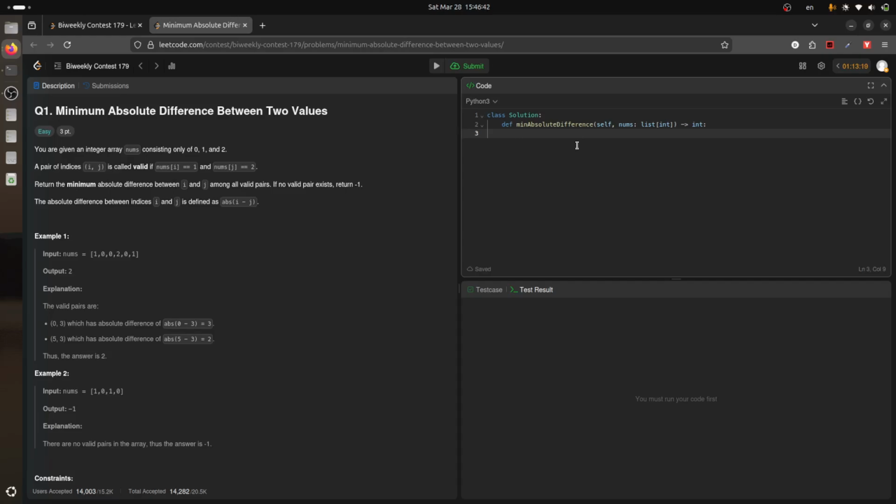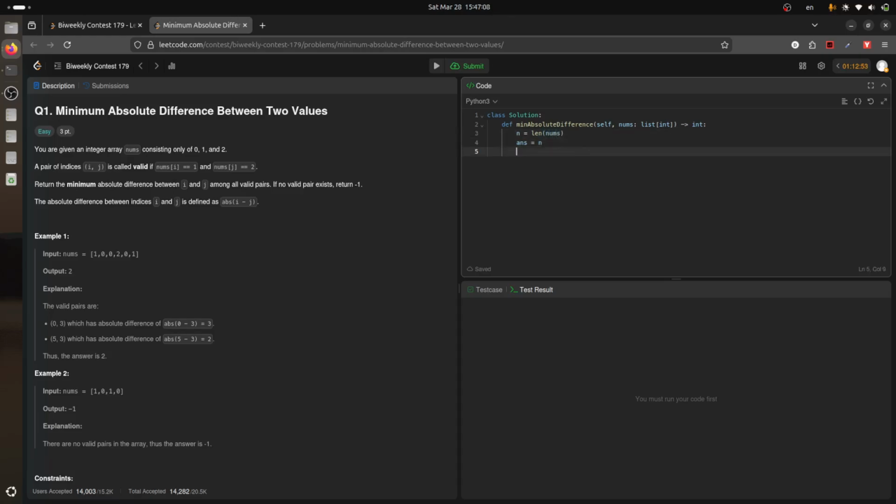So valid pairs are if... minimum absolute difference among all valid pairs. Okay, so max diff is n = len(nums), let's call it ans.